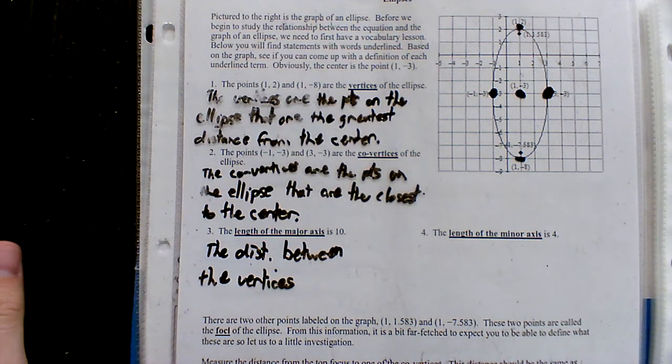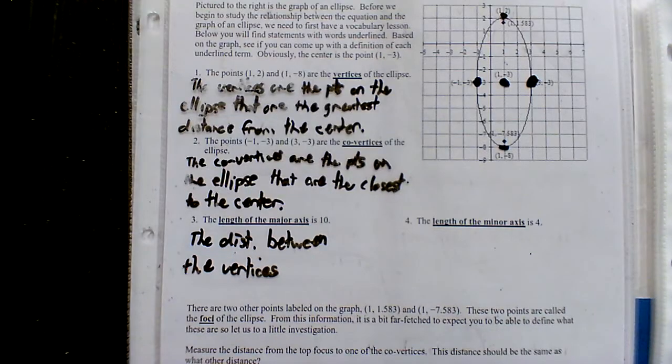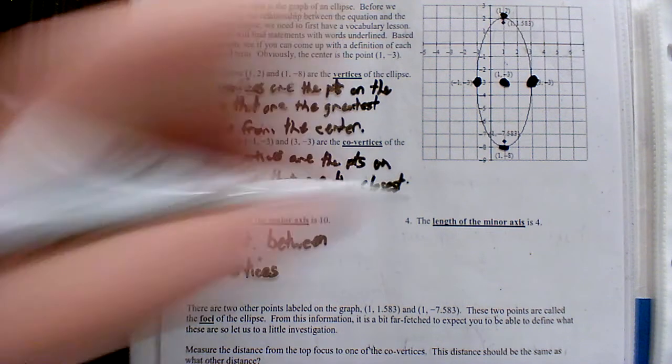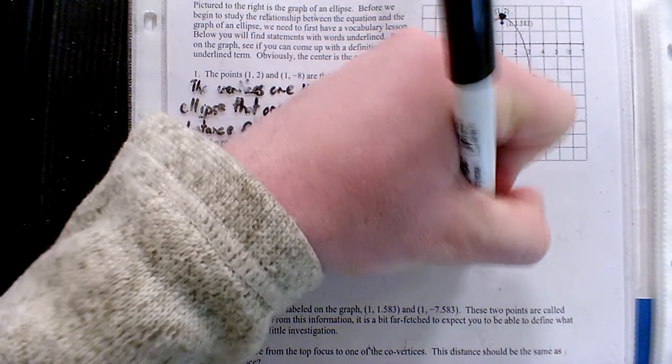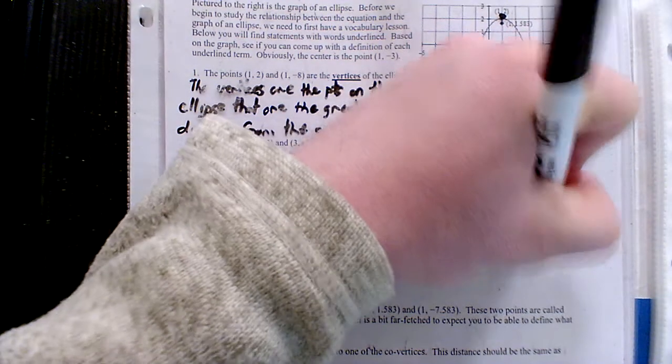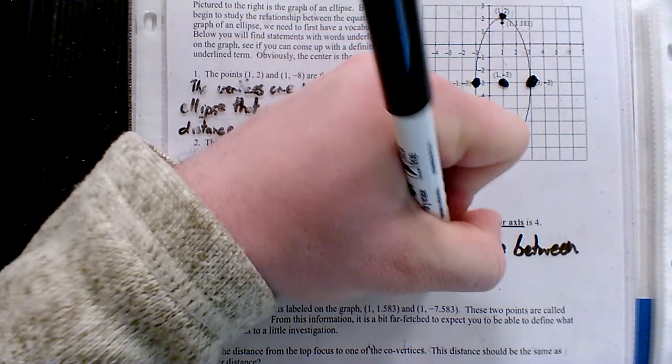Very good. The length of the minor axis is 4. So this one would have to be the distance between the co-vertices.